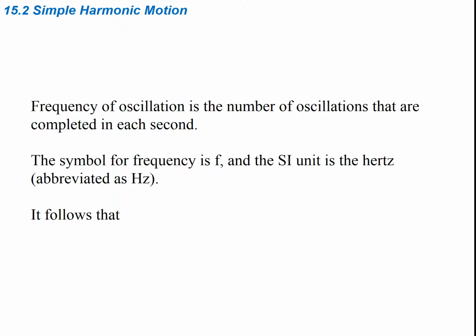So frequency of oscillation is the number of oscillations that are completed in each second. The symbol that we're going to use for frequency is f, and the SI unit is going to be Hertz, which is abbreviated as Hz. It follows that since it's the number of oscillations per second, the period is just 1 over the frequency. And vice versa, the frequency is 1 over the period.